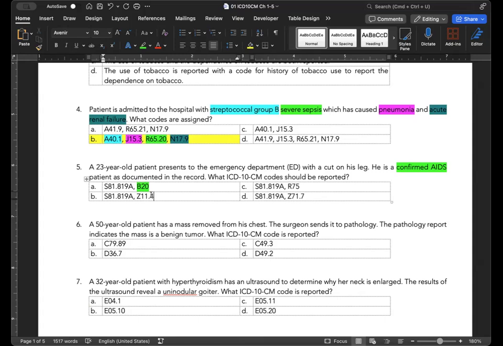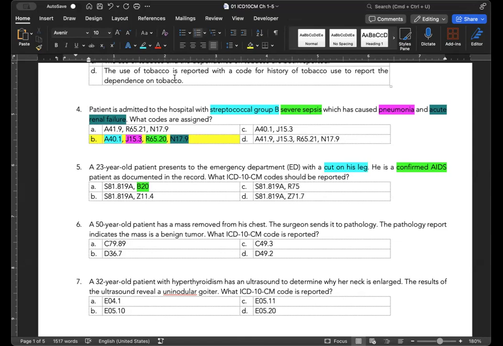Okay. So let's do the alphabetic index. We know what our code is, and we know what our answer is. But from an index standpoint, for the cut on the leg, what's going to be our main term that we're going to look at in the alphabetic index? Laceration.